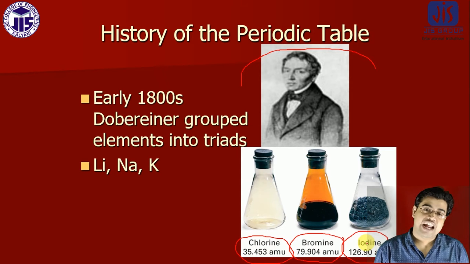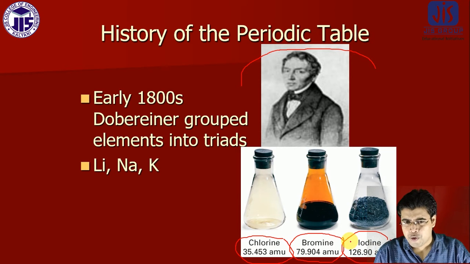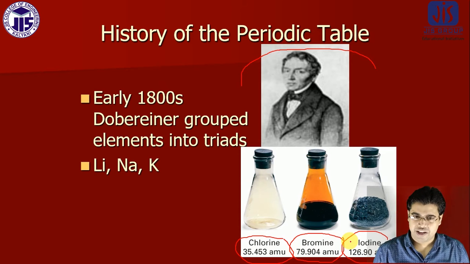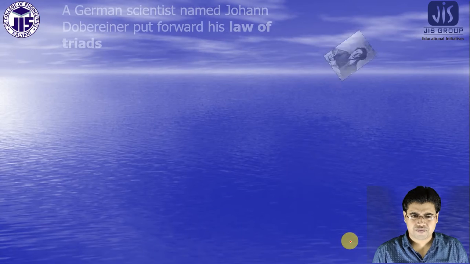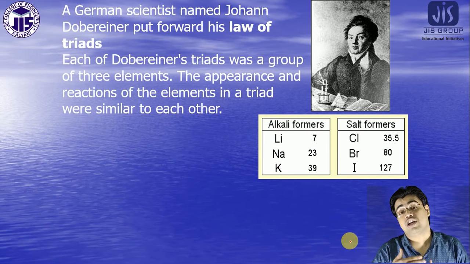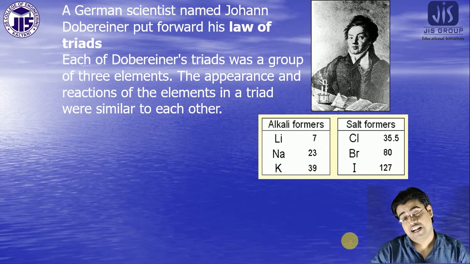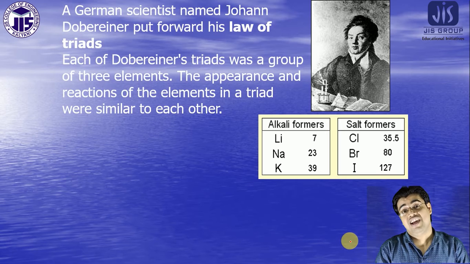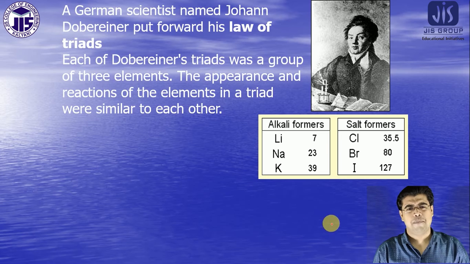That means the atomic weight of chlorine plus the atomic weight of iodine divided by 2 will be equal to the atomic weight of bromine. There are so many other sets also, and these sets are actually called triads, because they have three elements. So in the set of the elements, there are so many examples.